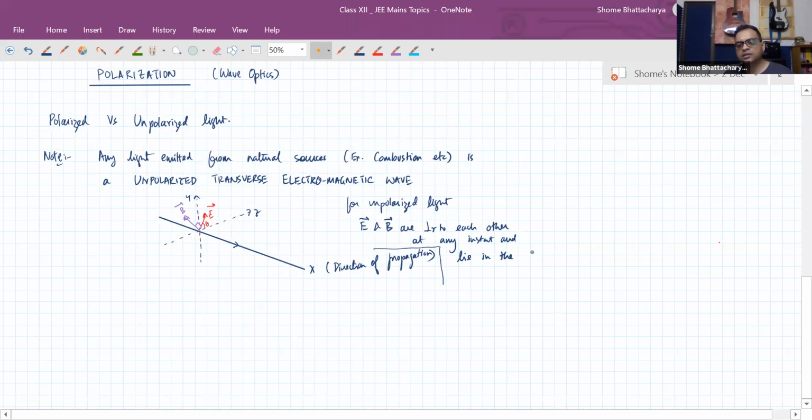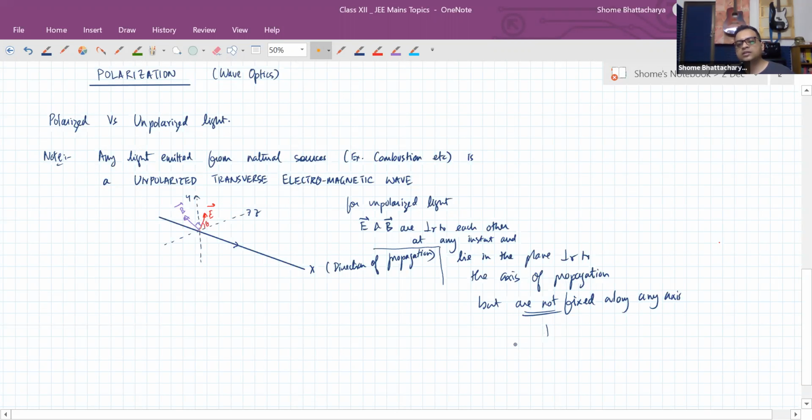So they lie in the plane perpendicular to the axis of propagation. But they are not fixed along any axis.